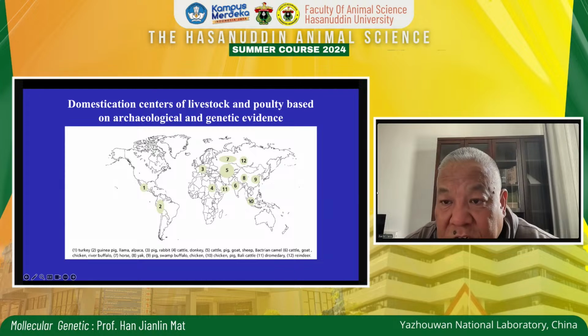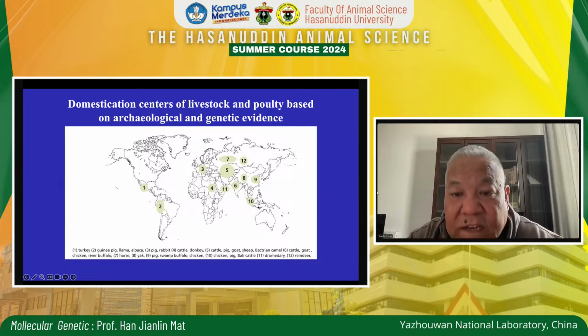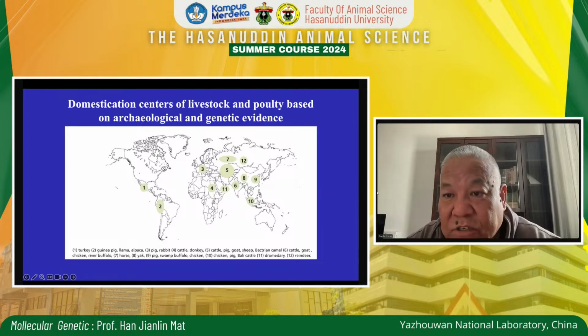cattle in Java. The Bali cattle was domesticated locally in Java, and we also have other cattle like Madura cattle. They are a hybrid origin of the zebu cattle domesticated in South Asia, which were introduced into Indonesia and crossed with the Bali cattle to make up another new breed.